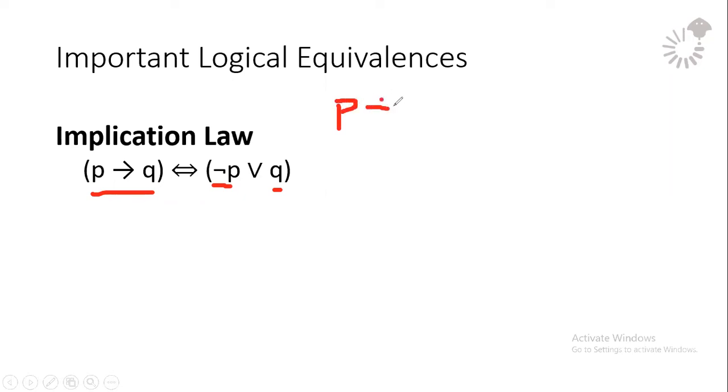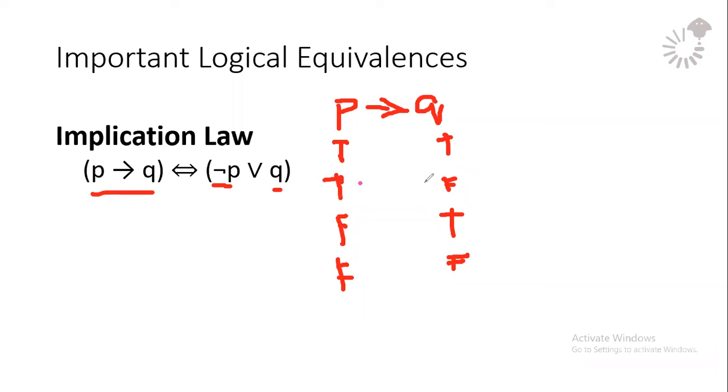P implies Q. P is true, true, false, false. Values of Q is true, false, true, false. What is the rule for implication? It is false when the combination is true and false. That is false. The rest are true.